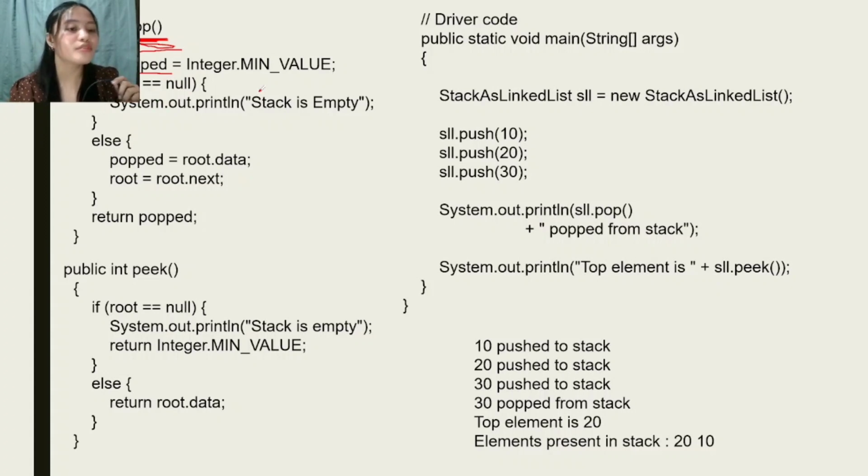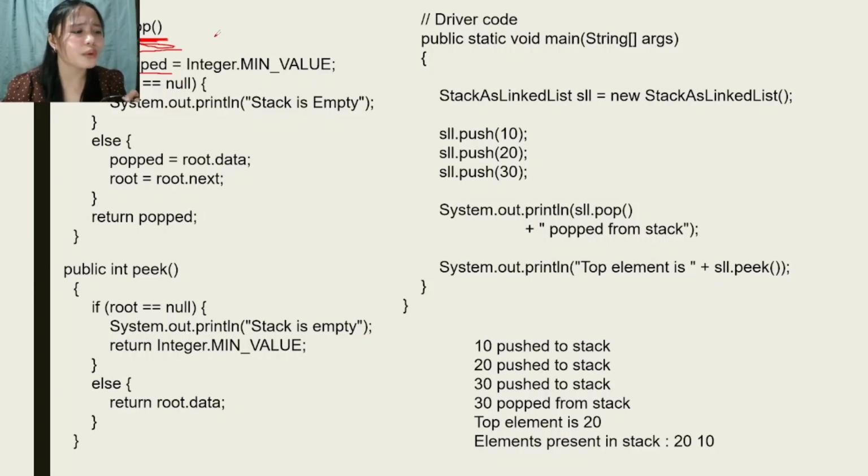Its minimum value is negative 2 to the power of 30. If we are not going to use overflow and underflow in our program, we'll just use this Integer.MIN_VALUE.